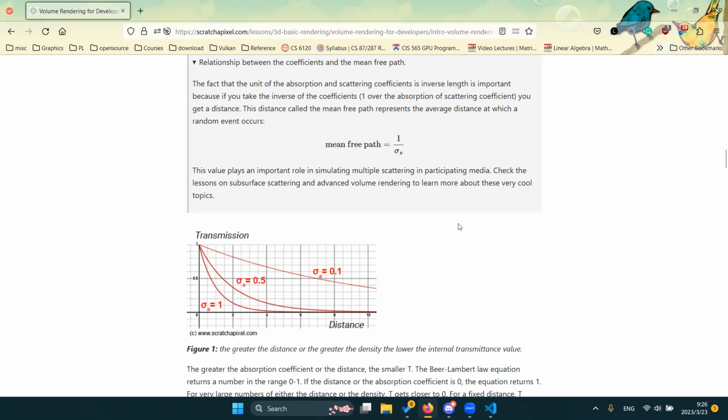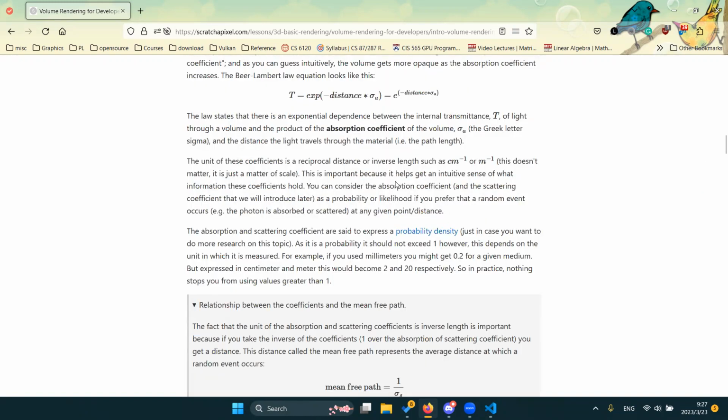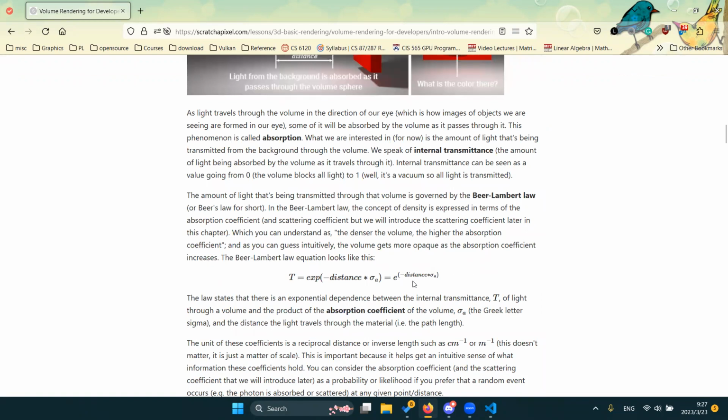And it also only matters if your data varies. If you just have a uniform medium, you don't have to do any step sizes because you can just do the analytical solution. So I guess in this chapter, because it's uniform, we will just go analytical. That's where this e comes from, because we can just get a solution.